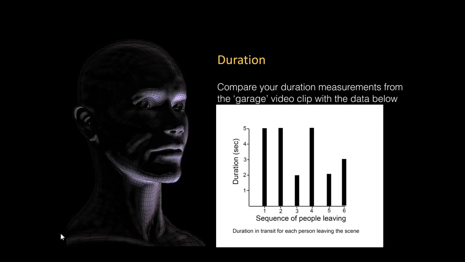With regards to duration, compare your duration measurements from the garage video clip with the data below. You can see on the y-axis the duration in seconds, and on the x-axis the sequence of people leaving.